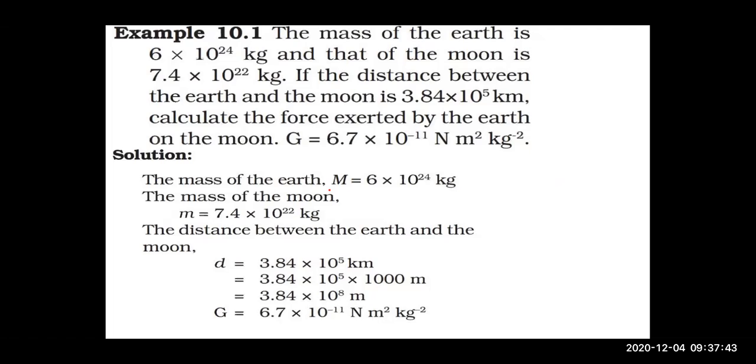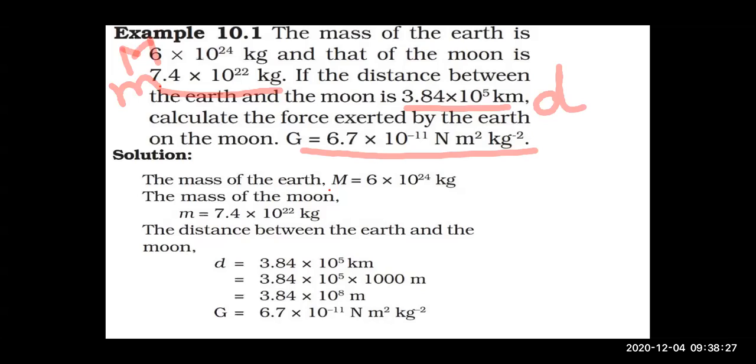The question says that the mass of the earth is 6 into 10 to the power 24 kg, and that of the moon is 9.4 into 10 to the power 22 kg. These are the two masses. If the distance between the earth and the moon is 3.84 into 10 to the power 5 kilometer. So this is the distance. One mass you can call capital M, the other mass you can call small m. And the value of G is given to you.